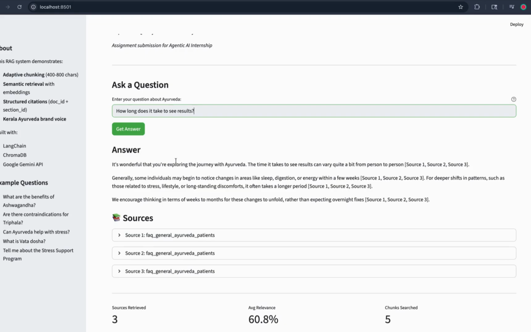It's wonderful that you are exploring the journey with Ayurveda. As we have used the tone editor agent, we get warm answers like this one, starting with, it's wonderful that you are exploring the journey with Ayurveda. The time it takes to see results can vary from person to person. Generally, individuals may notice changes in areas like sleep, digestion, and energy.